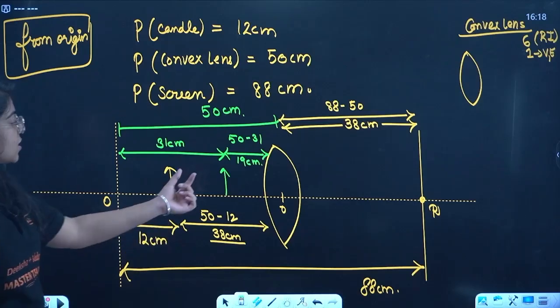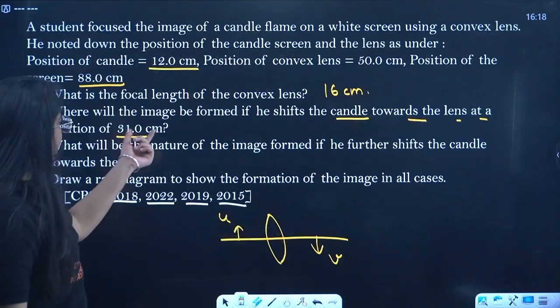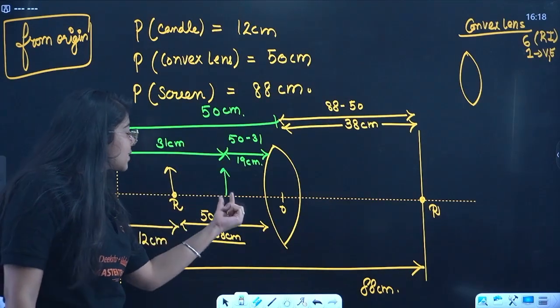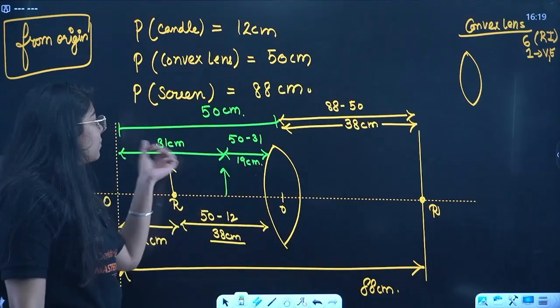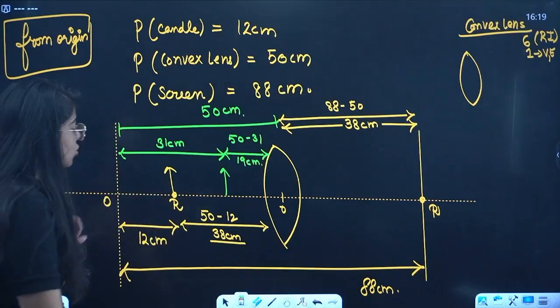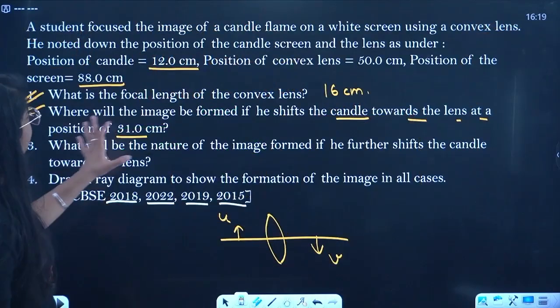U is the distance of object from the lens, right? Now we have placed this candle at 31 centimeter from this origin. So this candle from lens will be what? 50 minus 31 is what? 19 centimeter. Done. So your U comes as minus 19 centimeter, and where will the image be formed?